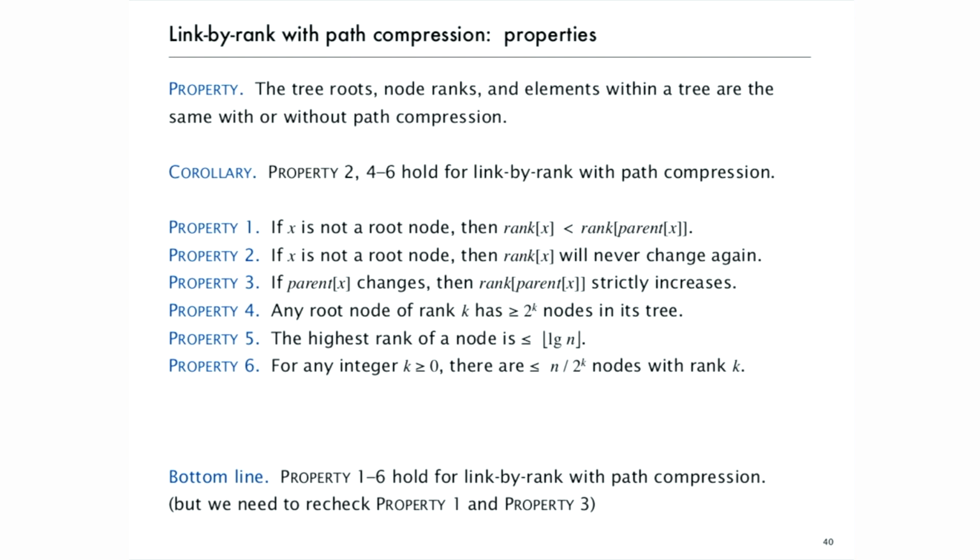So two people of the same rank do not occur on the same path, so they will never be subject to path compression anyway. That's the point, right? So this property still holds. The bottom line is that whatever properties we had with respect to the rank, we still have all those properties even after doing path compression.